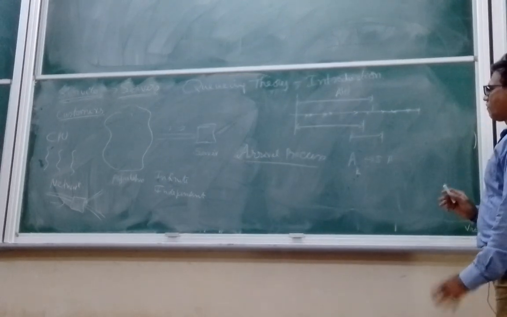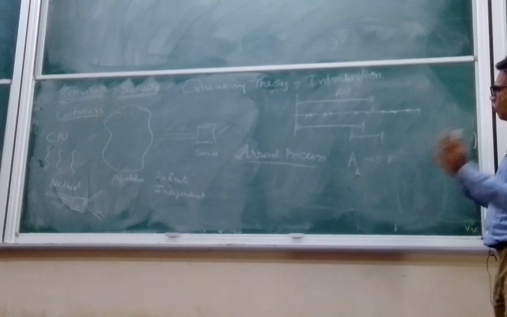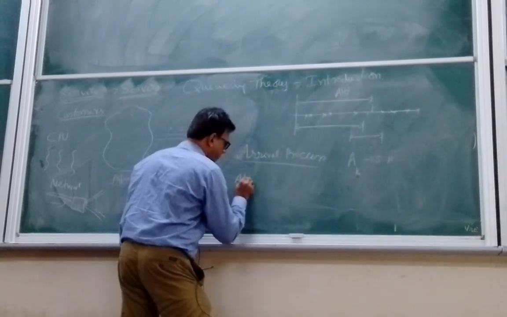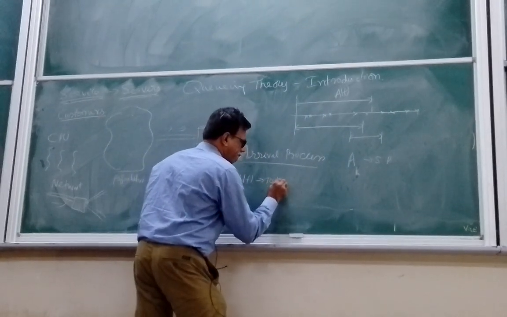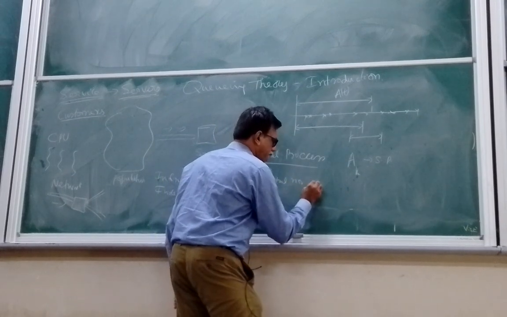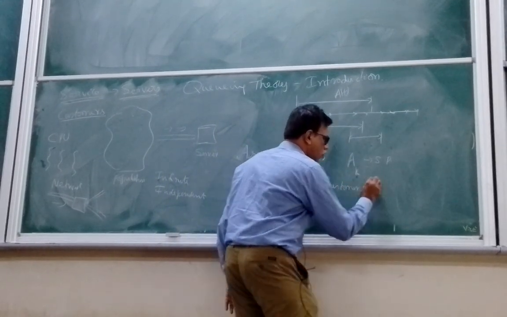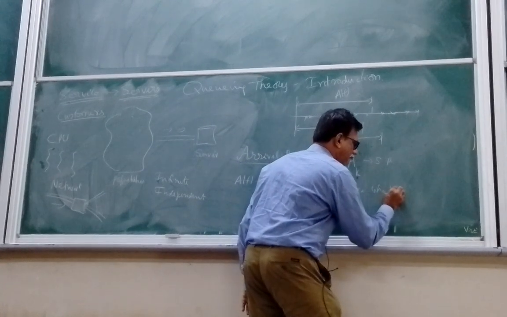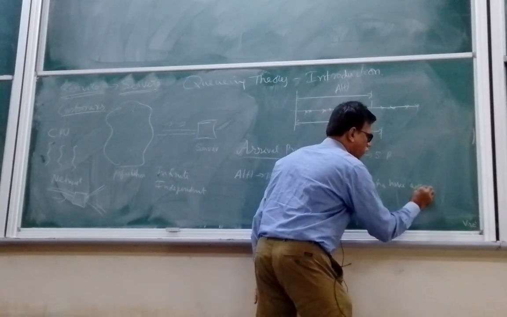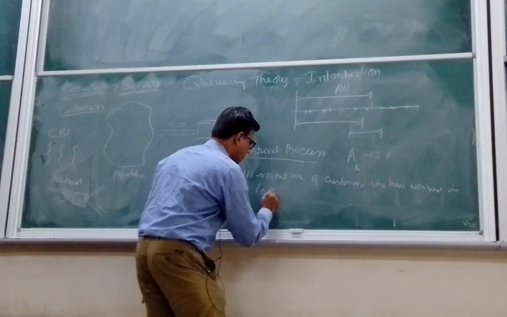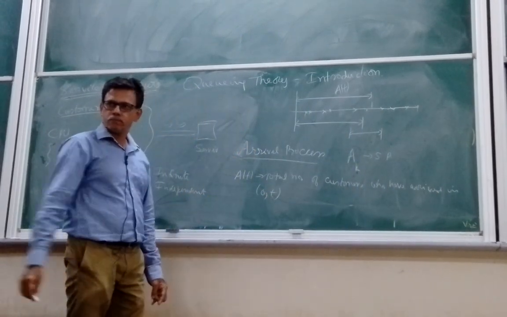So first of all, what can you tell about this one? What I am going to tell is A of t is defined to be the total number of customers who have arrived in the interval 0 to t.